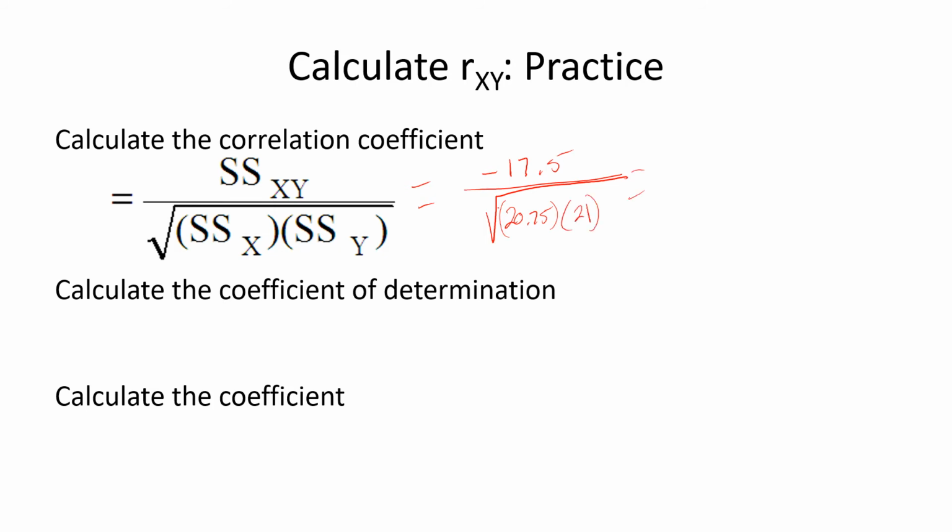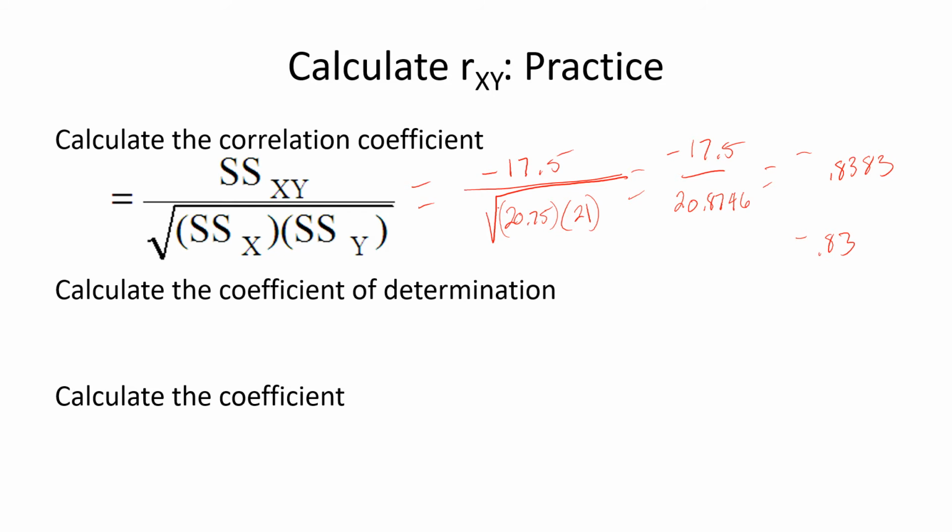If you do the math there, you get negative 17.5 divided by 20.8746, which equals, when you divide that out, negative 0.8383. If we wanted to do that down to 2 decimal places, we'd do negative .83.